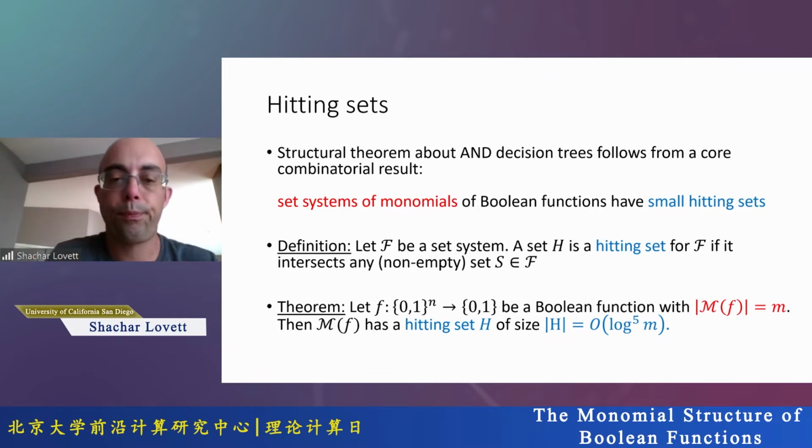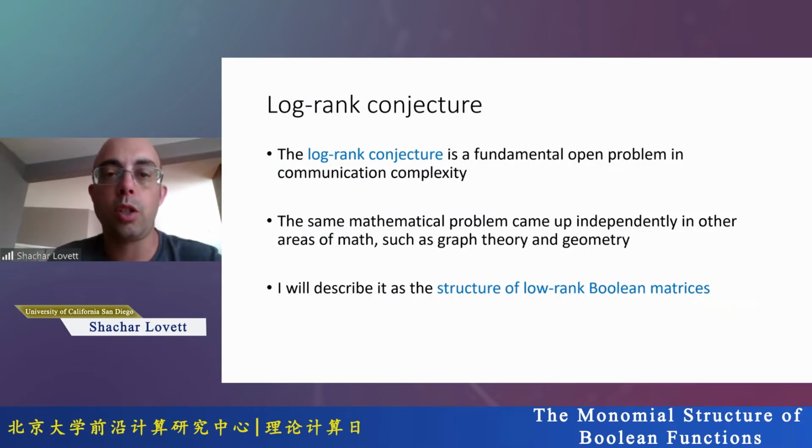So the log rank conjecture is a very famous fundamental open problem in the area of communication complexity, and actually, it's a mathematical problem, and the same mathematical problem I'll define in the next couple of slides came up independently in several other areas of mathematics, such as graph theory and geometry. But I'll still describe it from the viewpoint of communication complexity because it's more natural, I think, for us as people studying CS theory. And really, it is a question about the structure of low-rank Boolean matrices.